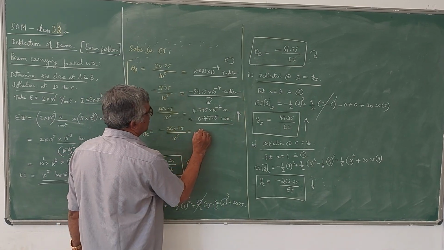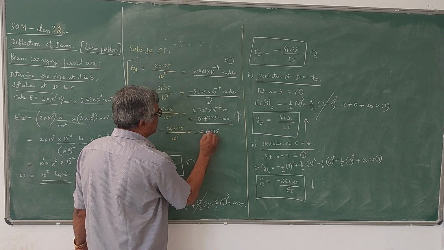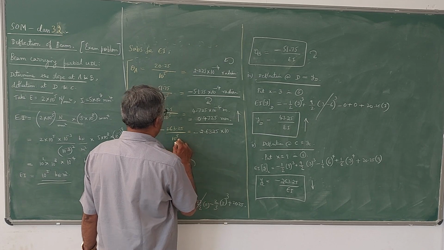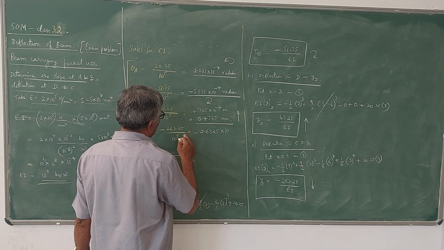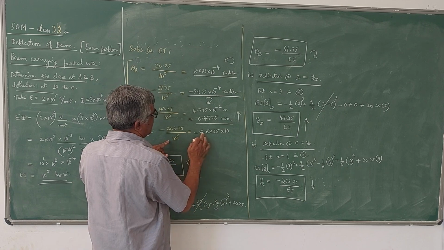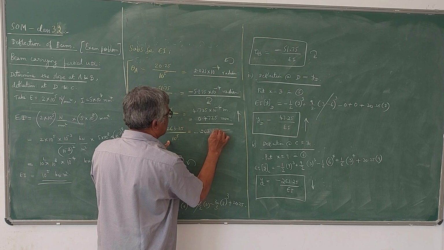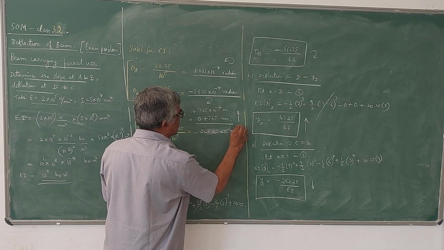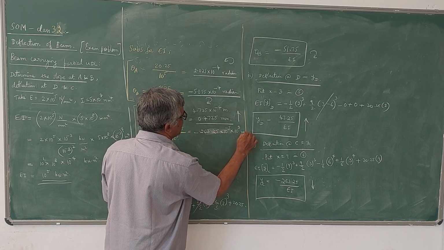Similarly, this value is minus 263.25 into 10 power minus 5, and of course you have to multiply by 10 cube to get the value in millimeters.